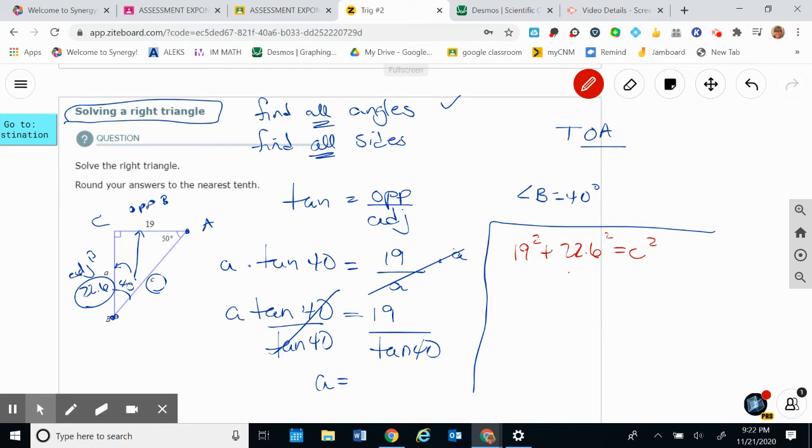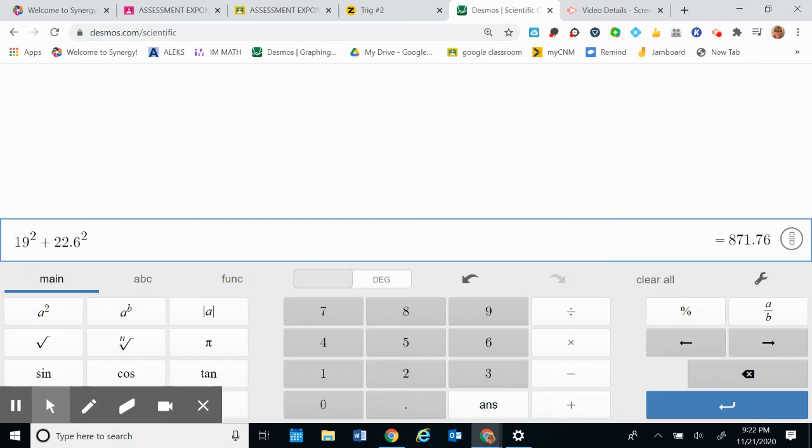Okay, so I could write 871 point whatever is equal to c squared. And then to solve for c, I have to take the square root of all of this. Well, that didn't work, so I'm going to do a trick.